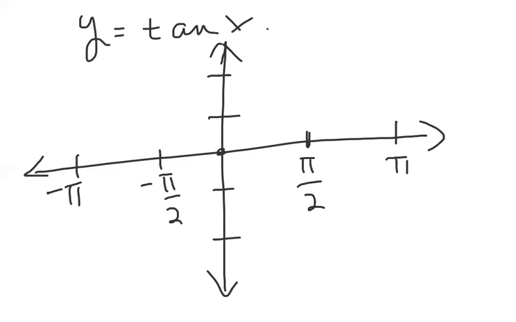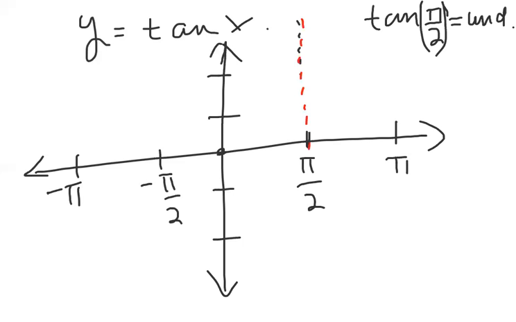So guys, first and foremost, remember, when we calculate the tangent of pi over 2 from the chart, we found that the tangent of pi over 2 turns out to be undefined. This is where one of your vertical asymptotes is going to fall, right here at pi over 2.